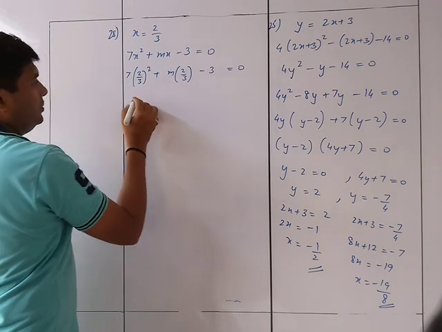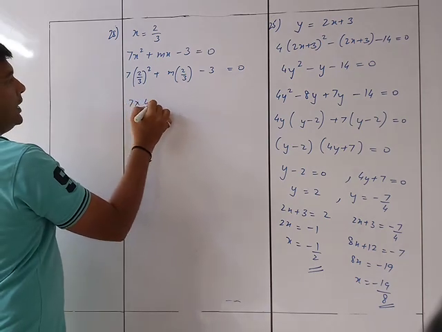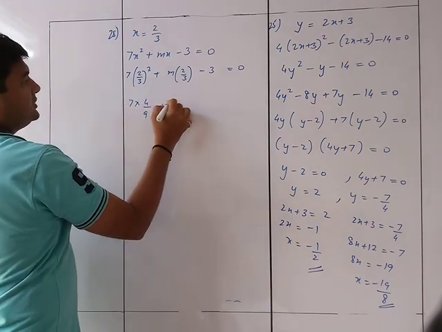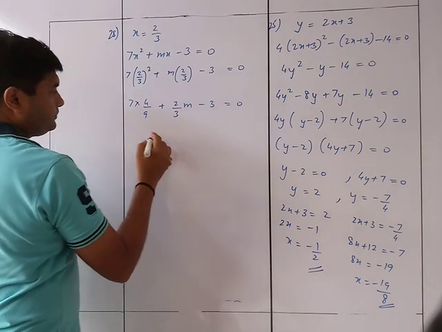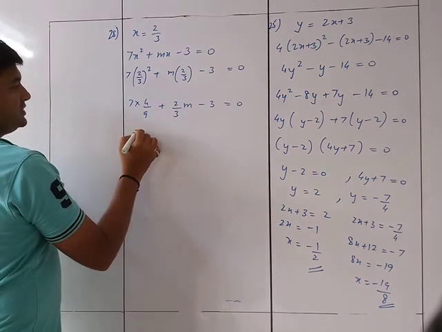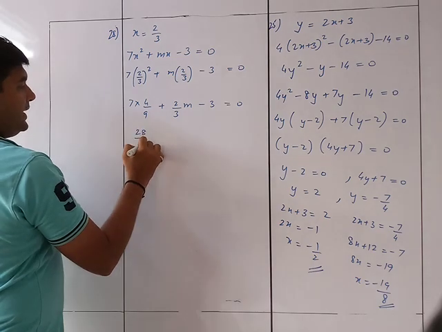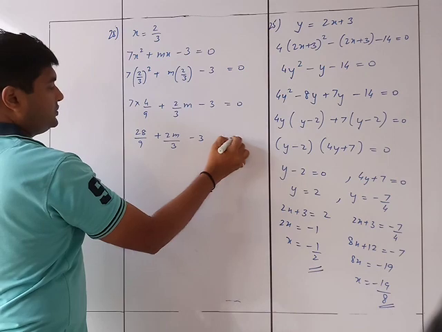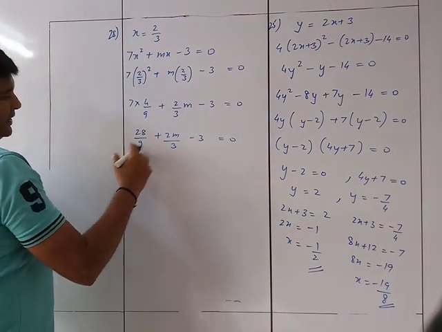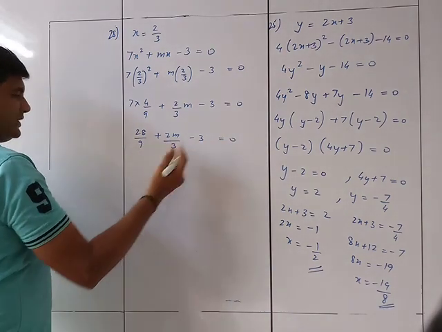is equal to 0. So 7 into 4 upon 9 plus 2 upon 3 m minus 3 is equal to 0. So this is 28 upon 9 plus 2m upon 3 minus 3 is equal to 0. You can take the LCM or you can use this, your choice. I'll take the LCM over here.